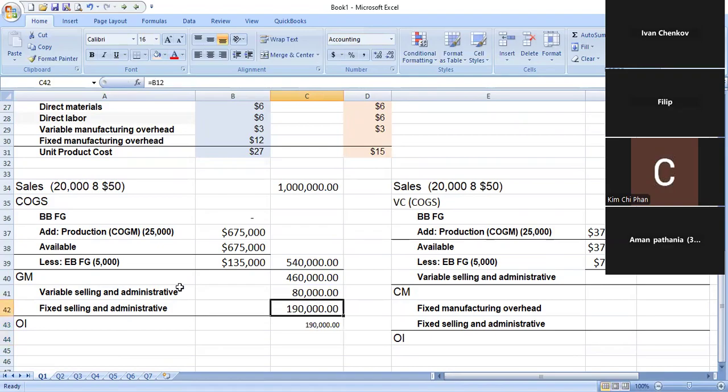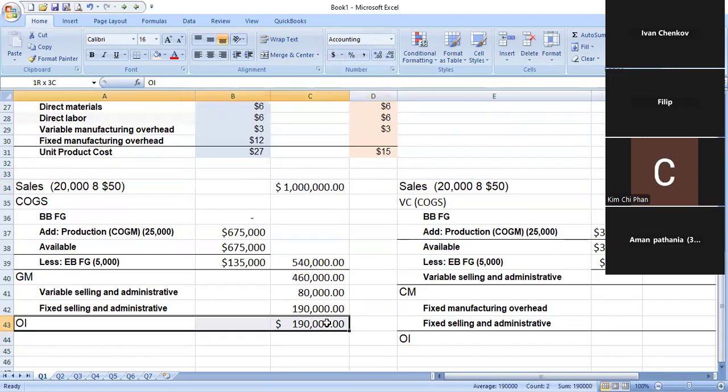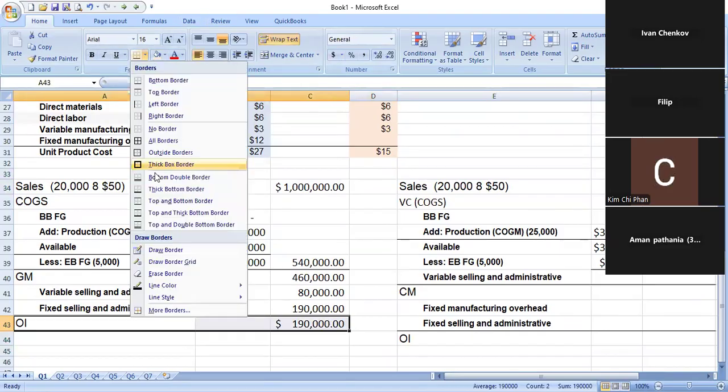So it's going to be $190,000 in this case. Let's put the dollar sign at the front here, double line it, and that's our income statement right here.